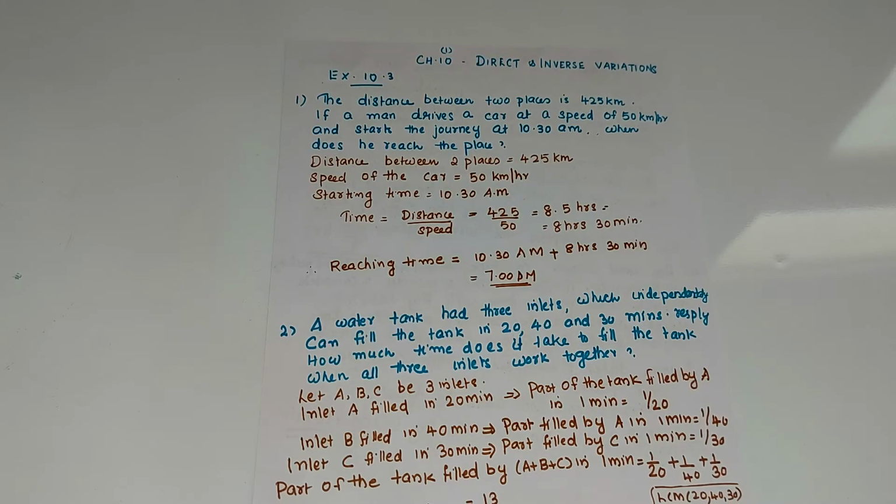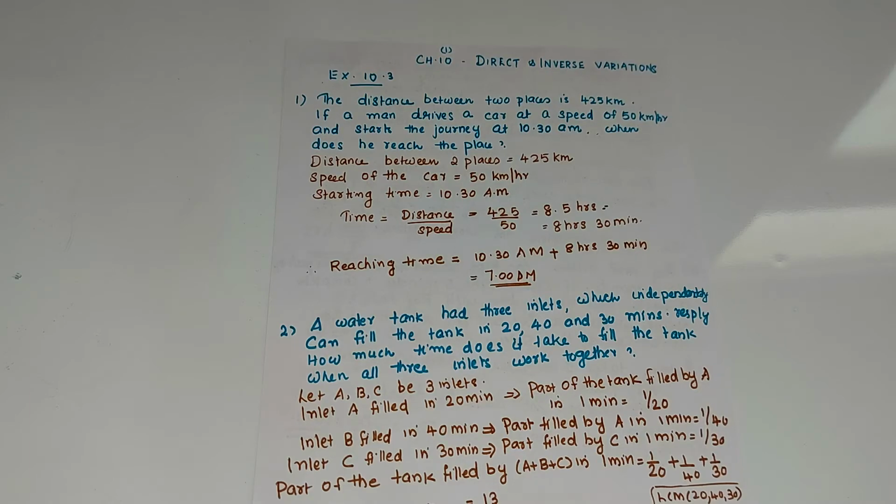And how much time does it take to fill the tank when all 3 inlets work together? So our question is, how much time will it take to fill the tank completely when all 3 inlets are open?